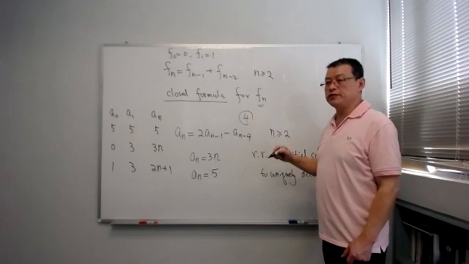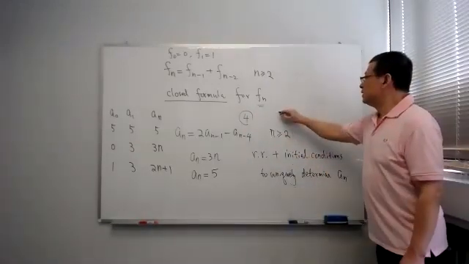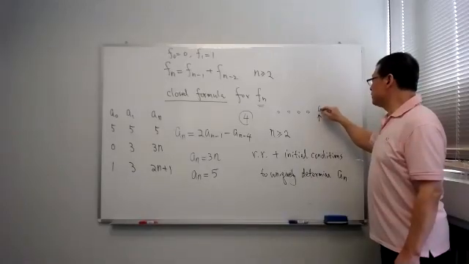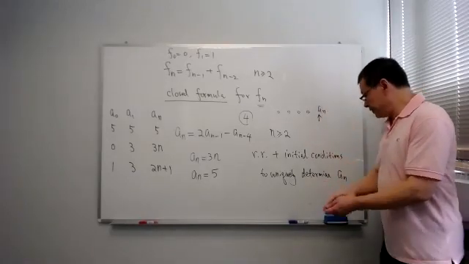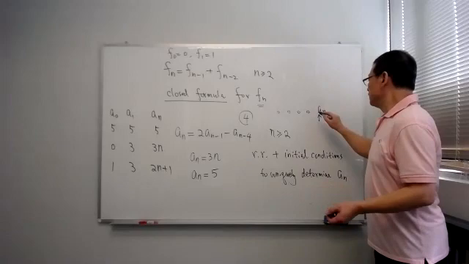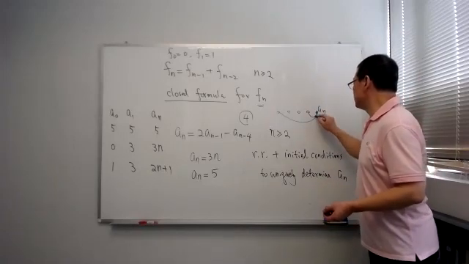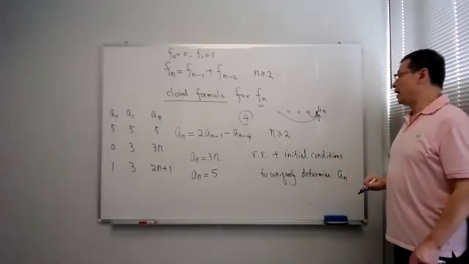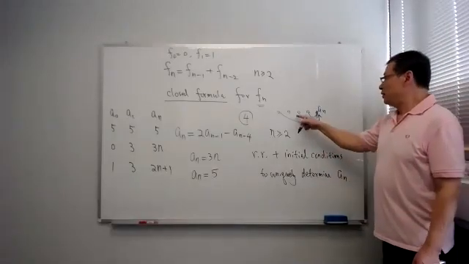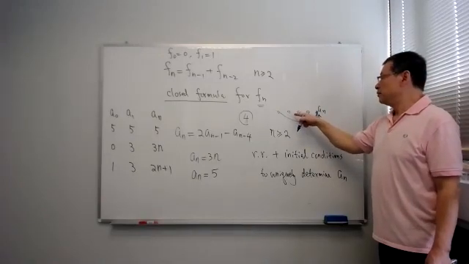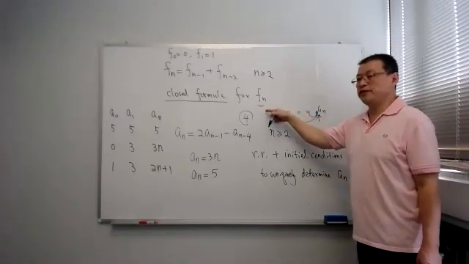The number of initial conditions is 4 because in order to get this number, a_n, I need these 2 numbers. In order to get this number, I need this number and this number. Now, these two I also need, because I cannot compute them from previous ones.